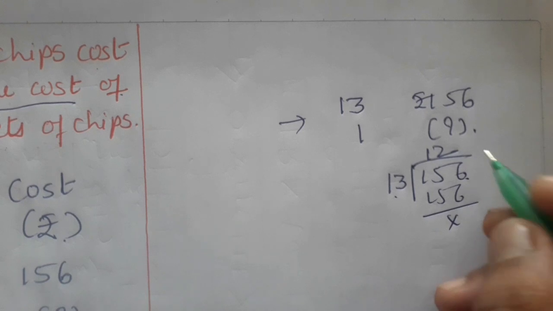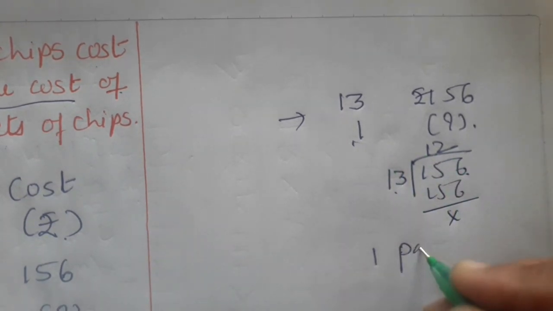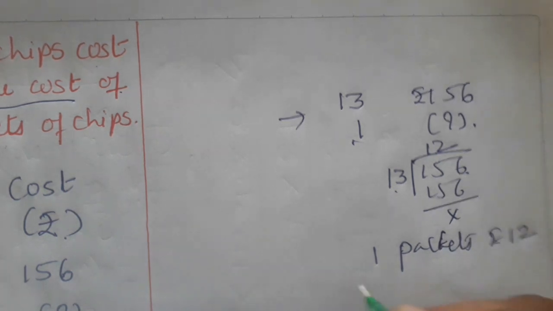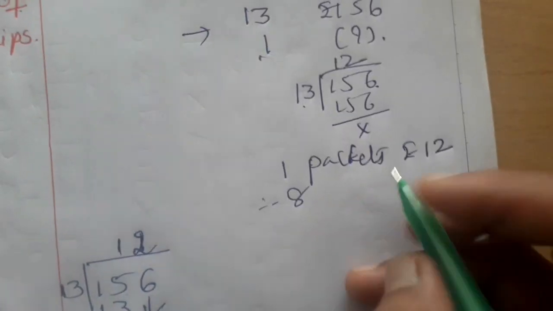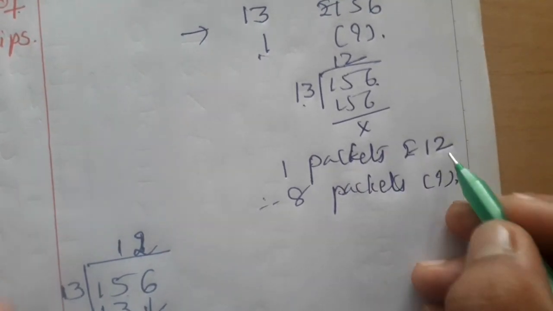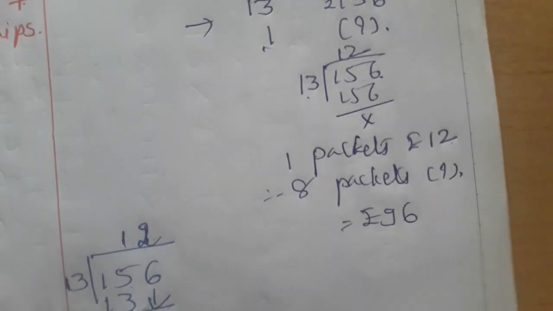So here, if one packet cost rupees 12, then what is the cost of 8 such packets? Then also you will have the same answer, that is 12 eights are rupees 96. So whatever is convenient to you, you may follow the same method. Okay, let me go with the next question.